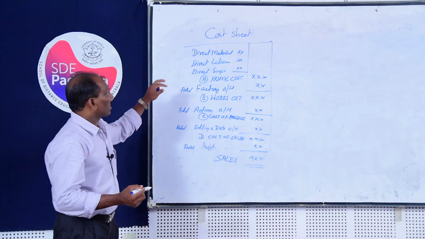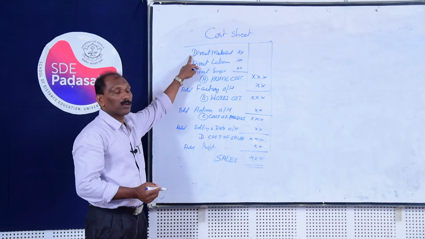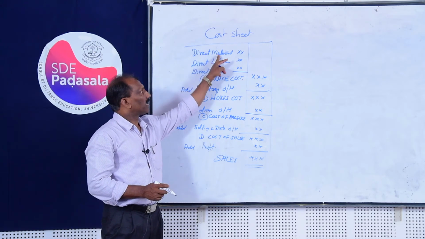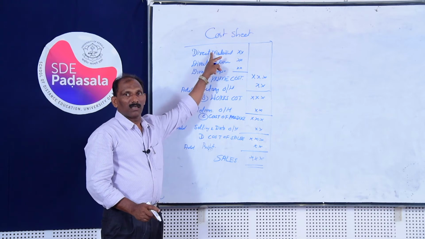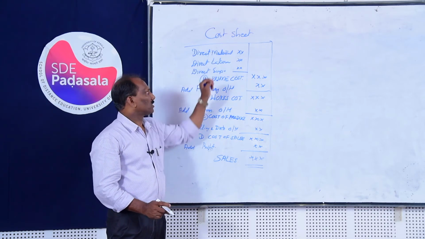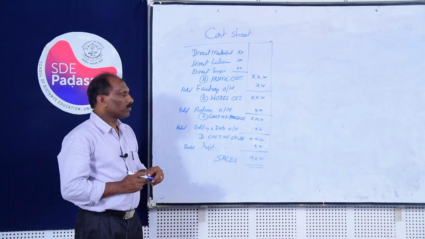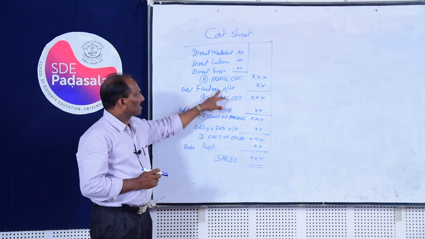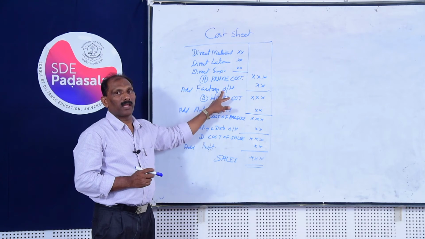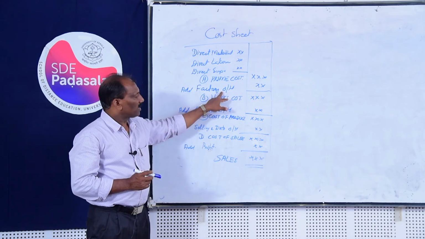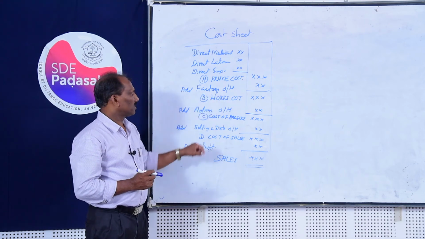If there is opening and closing stock of material, that is to be adjusted here in direct material: add opening stock, deduct closing stock. If there is opening and closing stock of work in progress, that is to be adjusted with the factory overhead: add opening work in progress, deduct closing work in progress.